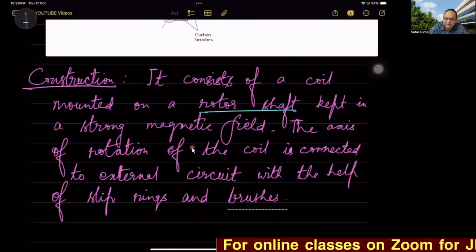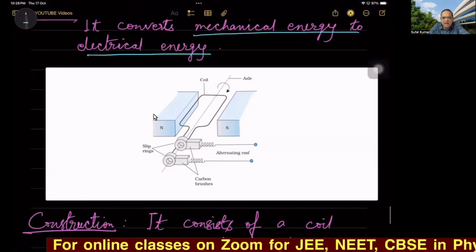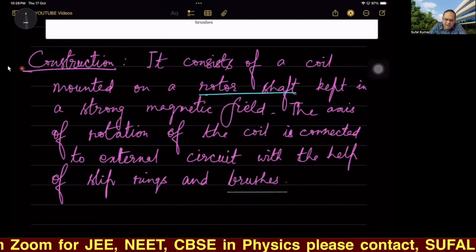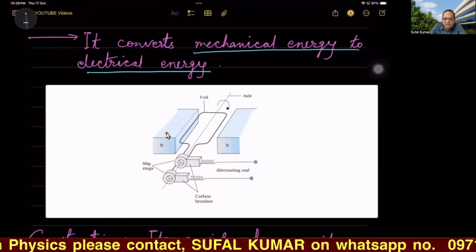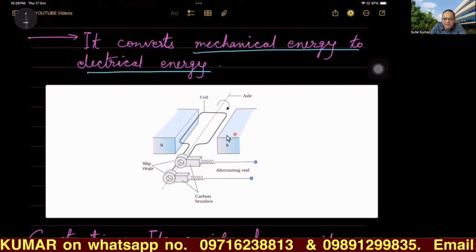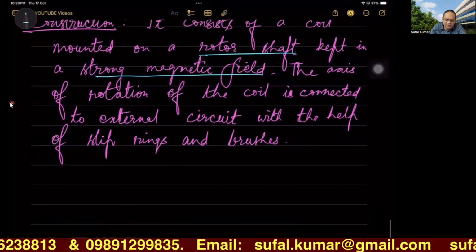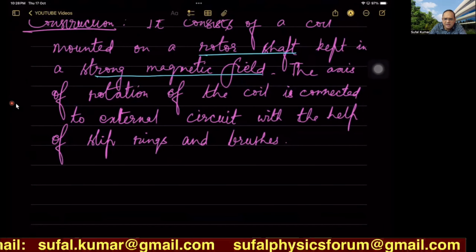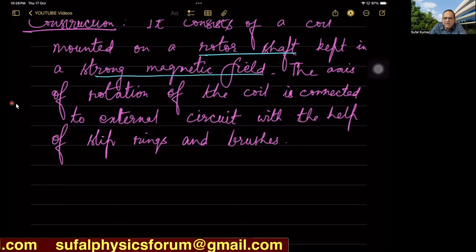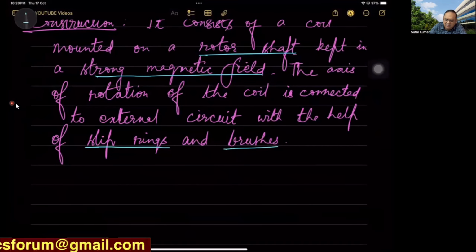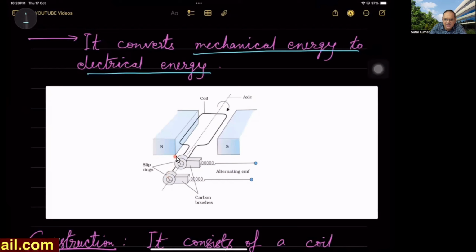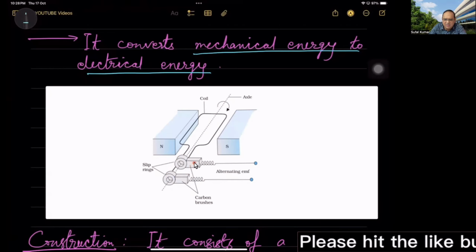Rotor shaft, which is in the diagram, the axle. Strong magnetic field here is caused due to the north and south poles. These two are slip rings, and these two are carbon brushes.